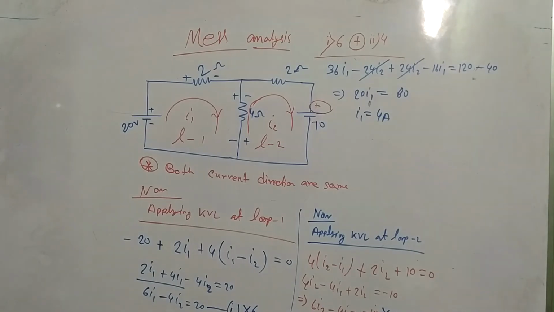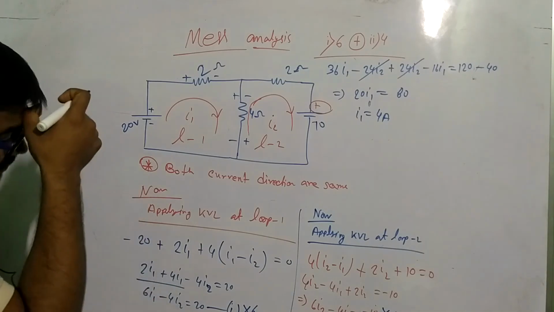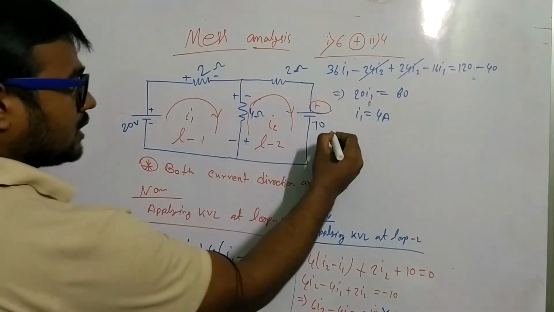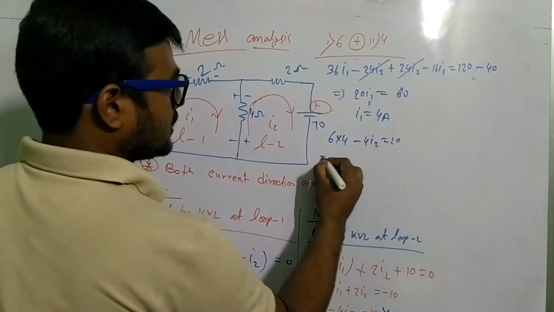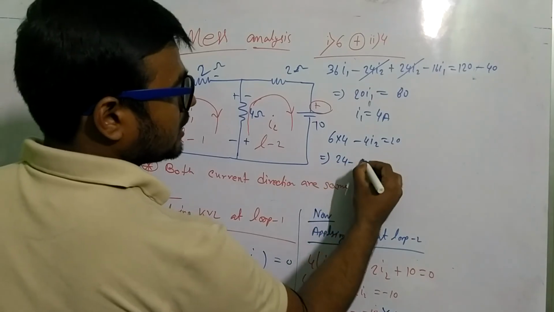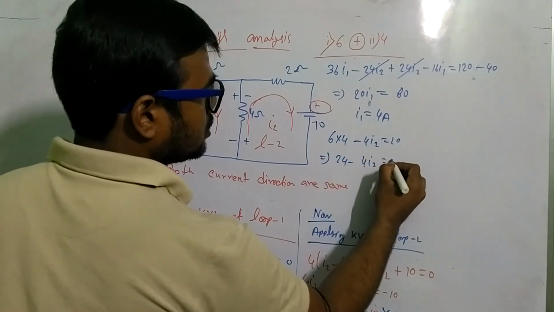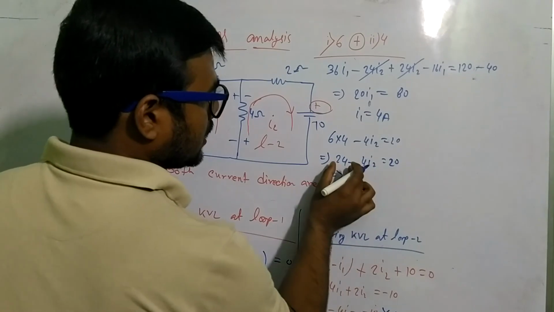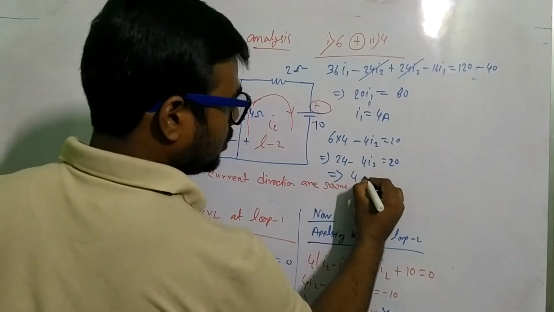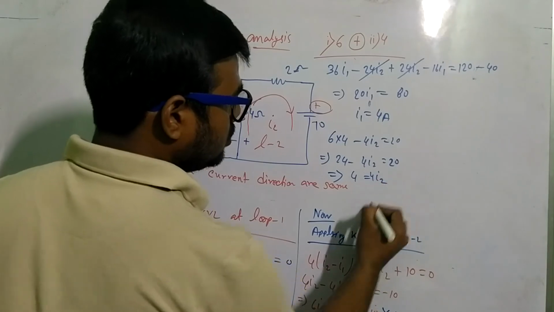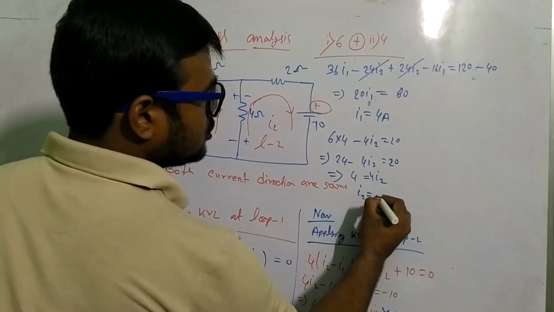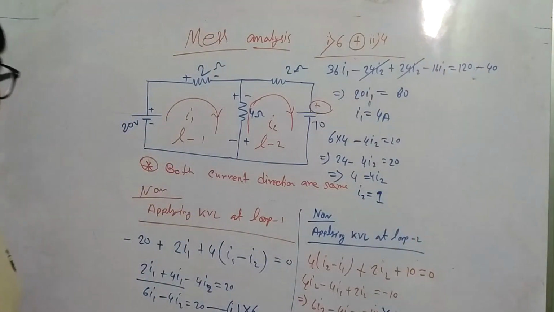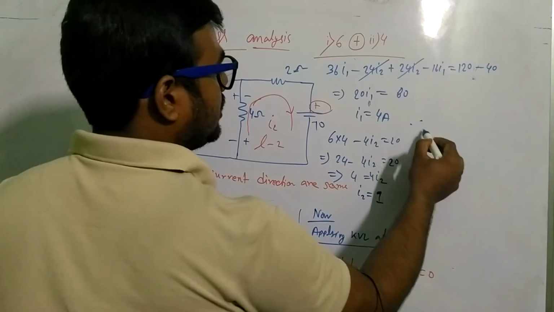Now I calculate I2 from equation 1: 6 into 4 minus 4I2 equals 20. 24 minus 4I2 equals 20, so 4 equals 4I2, which means I2 equals 1.